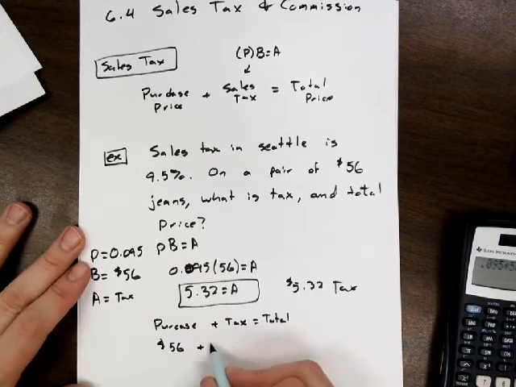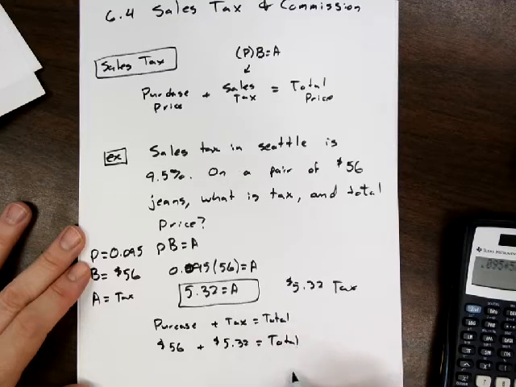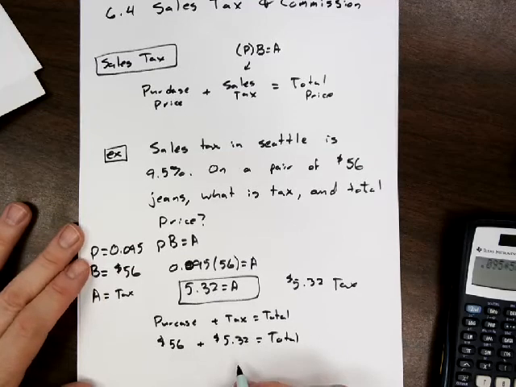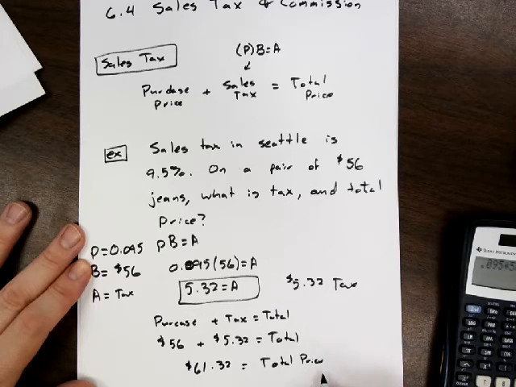I will add to that 5.32, and that's going to be equal to my total price. And I don't even need a calculator to do this. I can pretty much do this in my head. That looks like it's going to be $61.32 is our total price. Alrighty, so far so good.